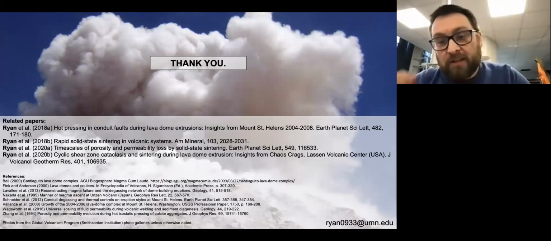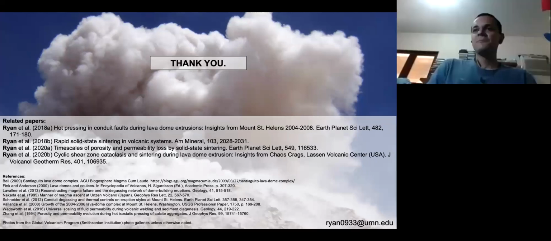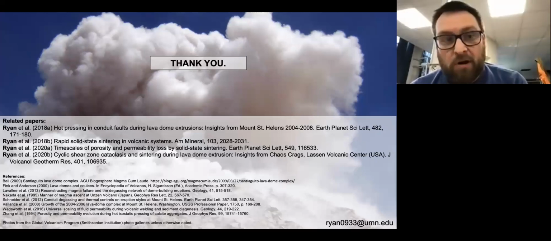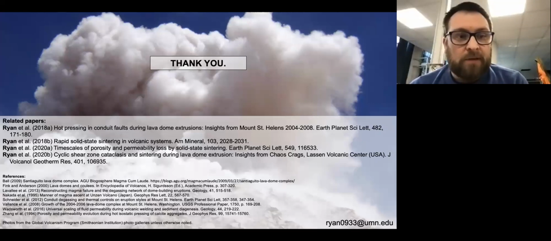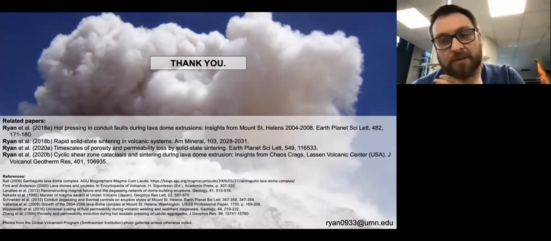I'm not sure that the water permeability would be greatly different in these rocks because there isn't so much in terms of clays, but it could be more important as things become more altered. And so in volcanology, there is a lot of gas permeability measurements, less so in terms of water. I think both are relevant.